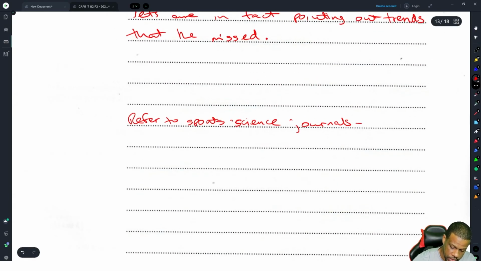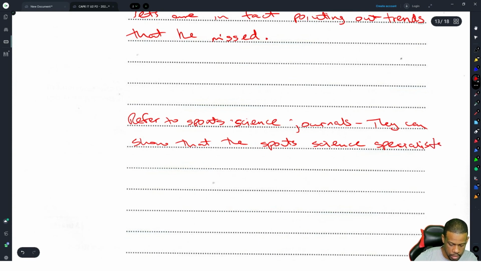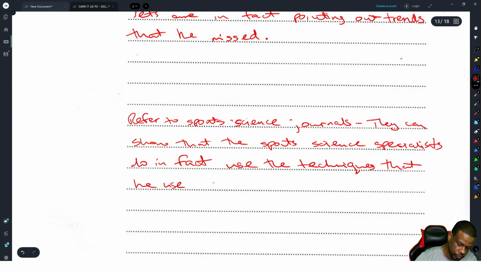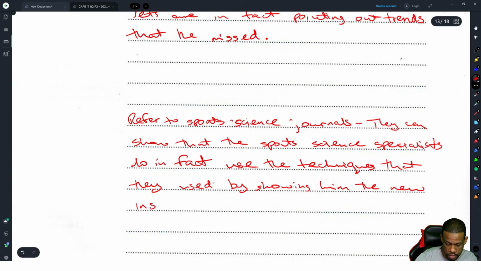Refer to sports science journals. They can show that the sports science specialists do in fact use the techniques that he used, or that they used, by showing him the new industry standard.